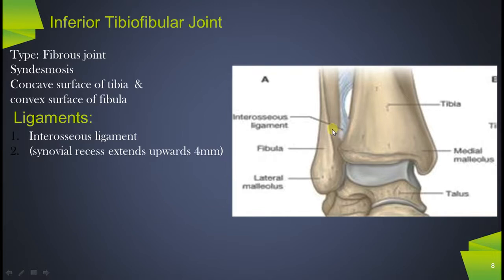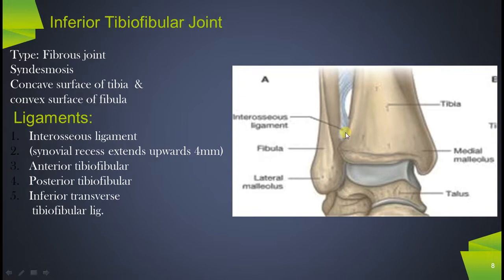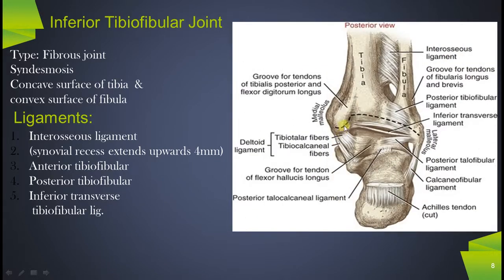So the main thing is the interosseous ligament, then the anterior tibiofibular ligament, which is present in front of the interosseous ligament. Then posteriorly what you see is the posterior tibiofibular ligament. Same like this, in the front you have the anterior tibiofibular, and posteriorly the posterior tibiofibular ligament.